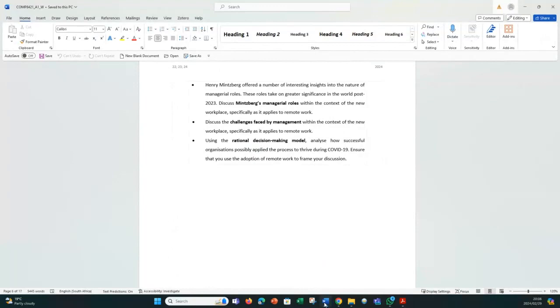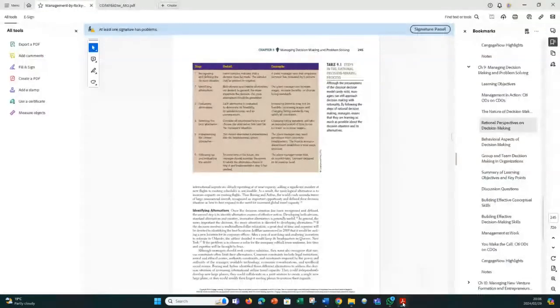The simple truth is no organization ever is really properly taking decisions. It's often potluck, and let's get it out of the way. So in terms of rational decision making, I'm going to go through it fairly quickly. You would have seen this before, I think in BMG 6222.